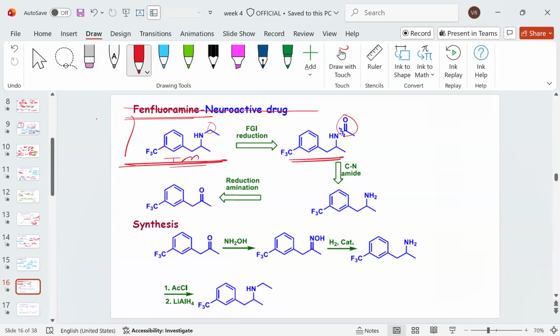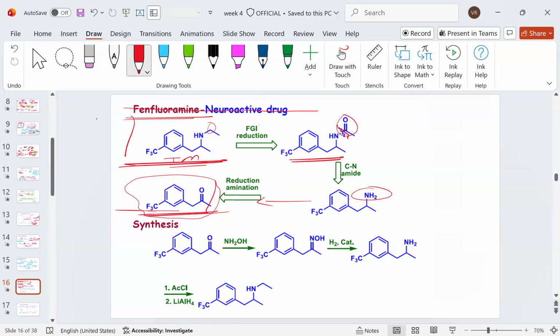Further, we can do the disconnection at this point, so it can be achieved from this amine, and this amine can be made from this ketone, which, as given here, is most likely the commercially available starting material. So we have done the retrosynthesis down to the simplest possible starting material.